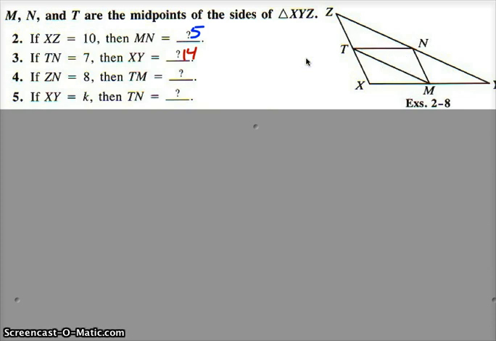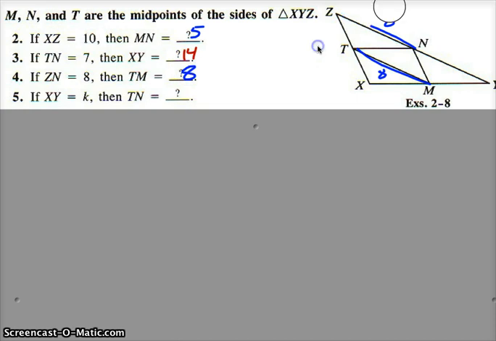Number 4. If ZN equals 8, so this piece is 8, how big is TM? Well, I know TM should be half of the third side ZY, and I already know that half of ZY is 8, so TM is also going to be 8.